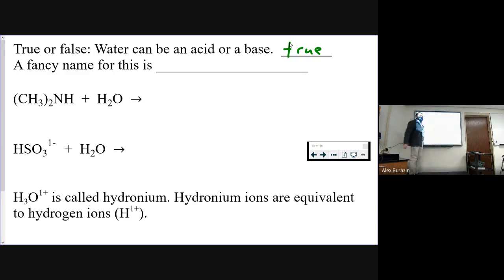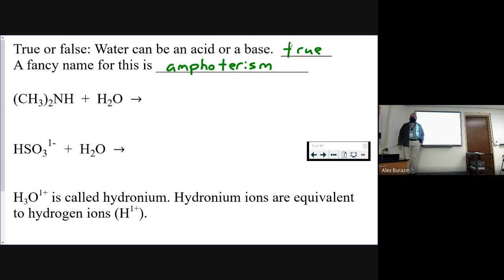A fancy name for this is amphoterism. You could also use a different version of the word and call water amphoteric. That's another usage of that word. It just means a substance that can be either an acid or a base.